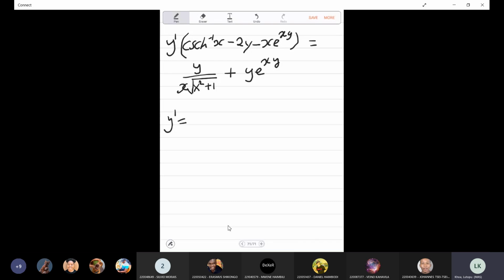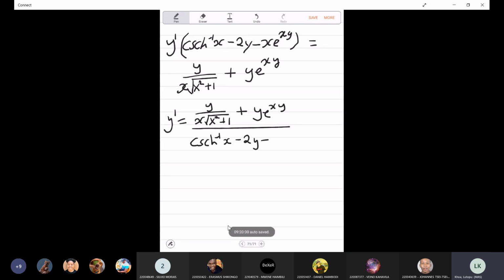So y prime, this is y over x square root of x squared plus 1, plus y e to the power of xy, over cosech inverse of x minus 2y minus x e to the power of xy. So again, you can combine the numerators so that you don't have a fraction in the denominator to make it look slightly better than it does now, but I would leave it like that.